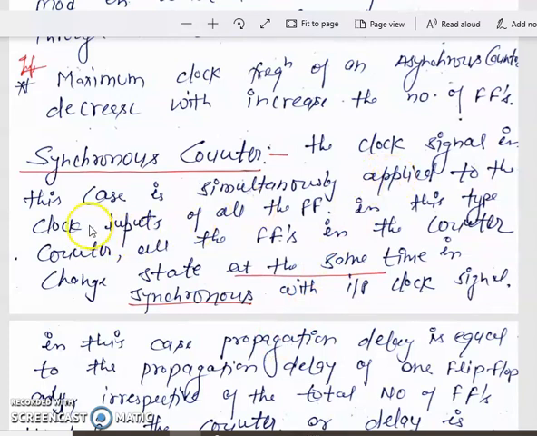The clock signal in this case is applied to the clock inputs of all the flip-flops. In this type, all the flip-flops in the counter change state at the same time, in a synchronous manner with the input clock signal. This is the main difference between the synchronous counter and the asynchronous counter.